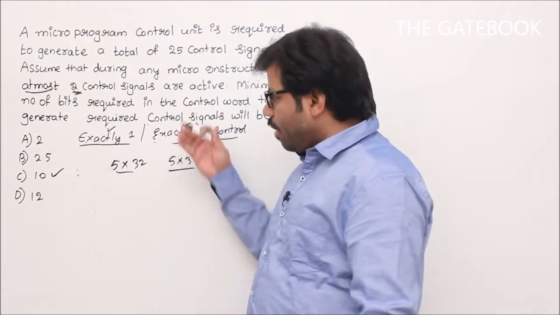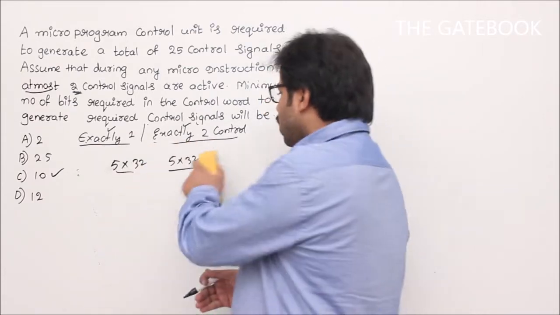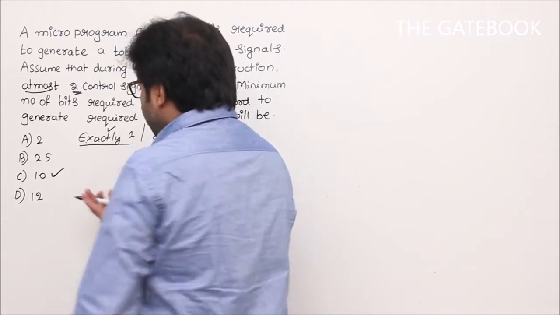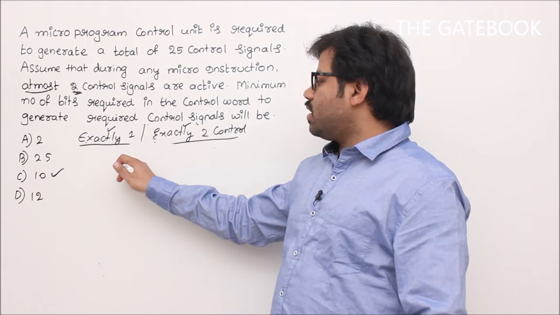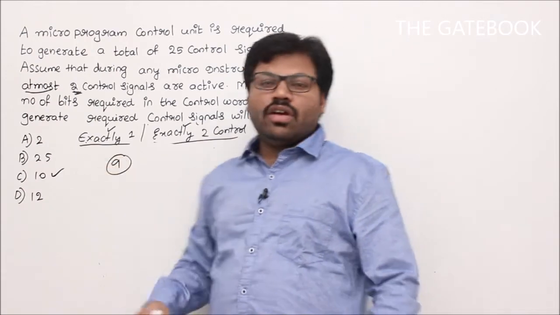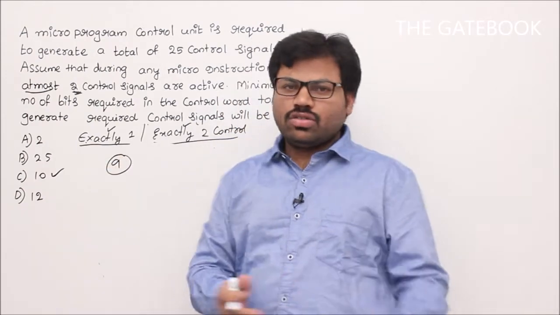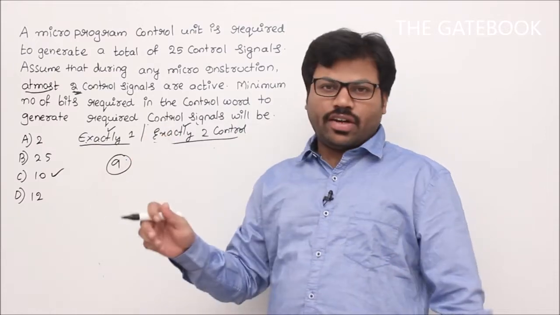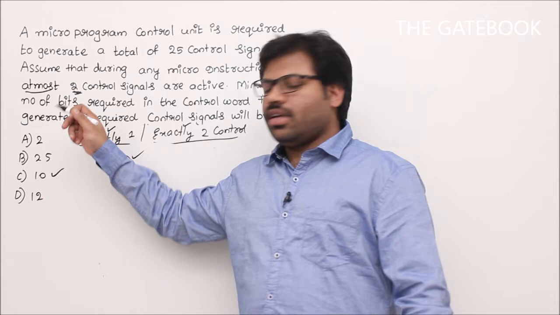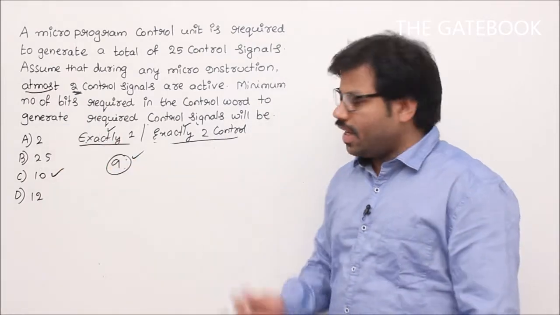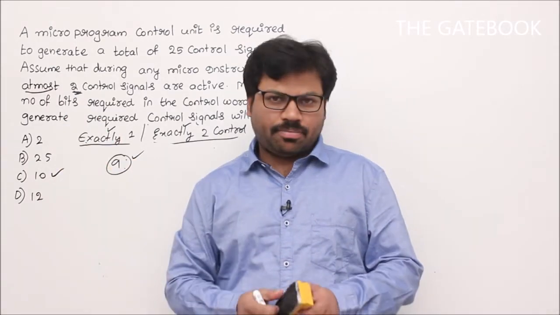That's probably why he thought like that. Finally, in the options we have only one suitable answer, which is 10, near to 9. You realize that 9 bits are required, but 9 is not there, so go for 10, that's it. Understand? In any way, the final answer is C.